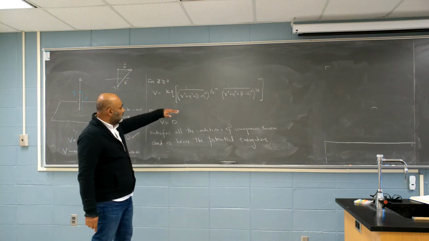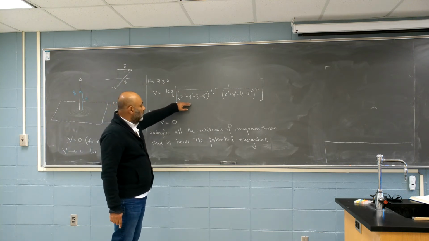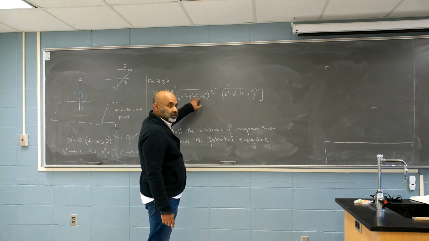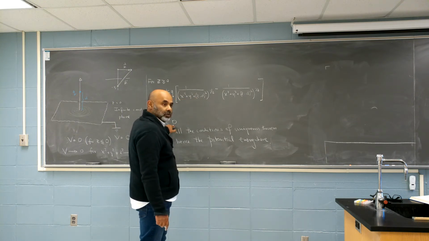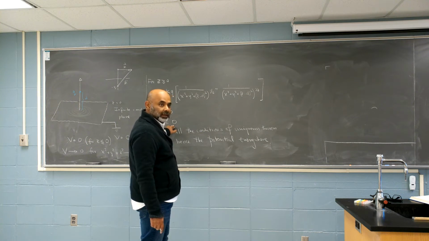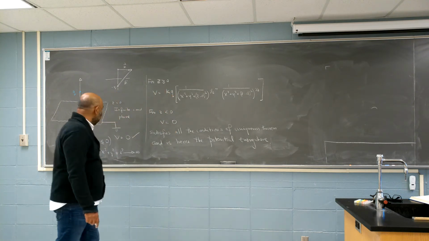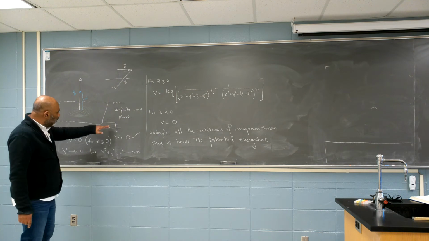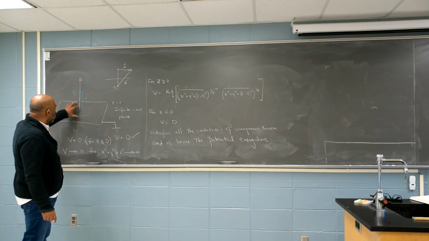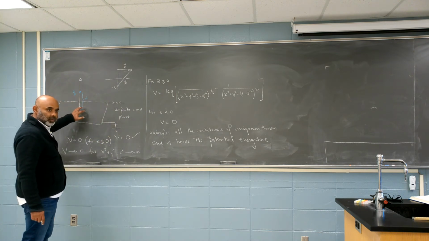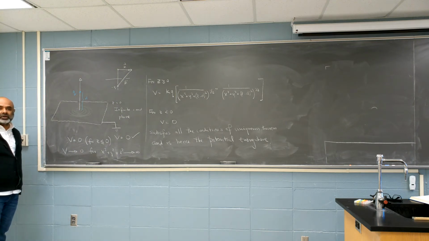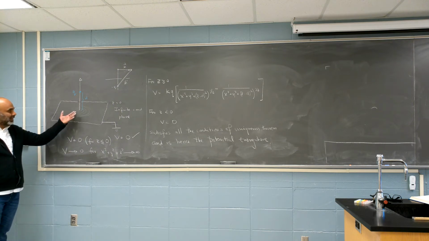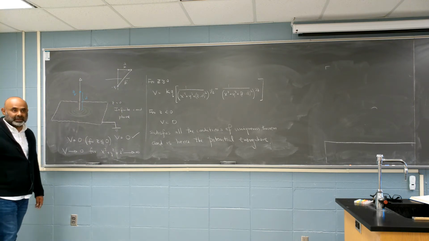Notice, this is continuous. When z equals 0, this potential becomes 0. And V is also 0 below. So potential is continuous. As I told you, when you ground it, it's going to attract negative charges over here. And the question is, what is the negative surface charge density?